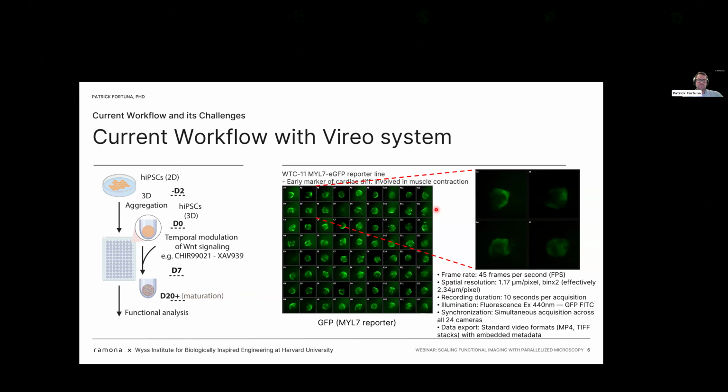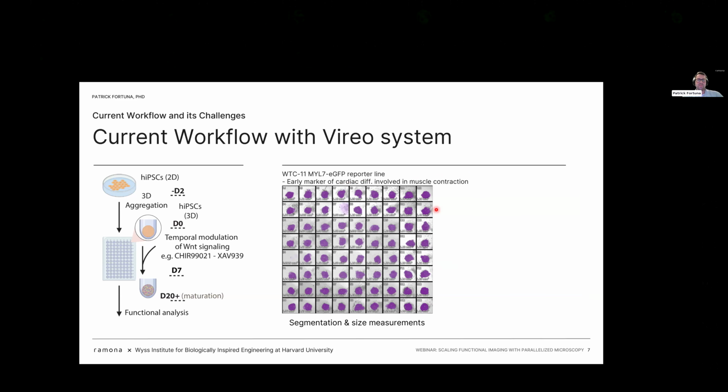But what really becomes powerful in the system as well is that you start to use these inbuilt analyses within the system. So here you can perform segmentation, and it can directly measure the sizes of your organoids. Here is a video of what this organoid looks like at day 9. I must say that this specific video wasn't taken with the Vireo system.